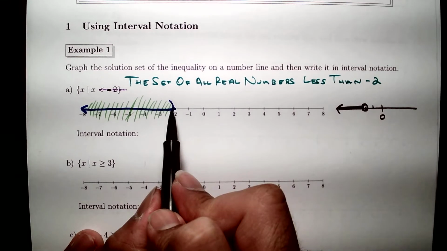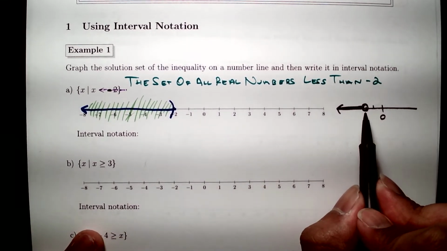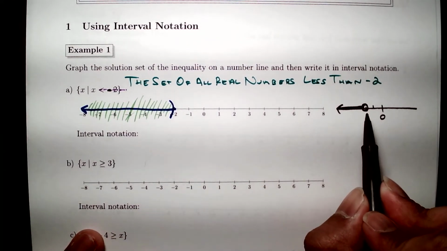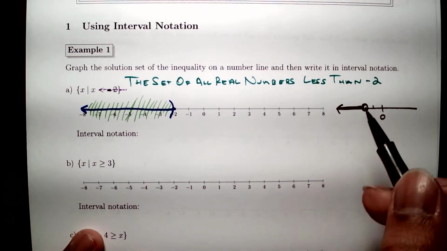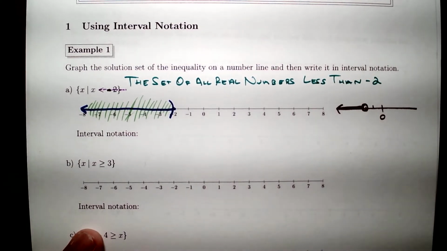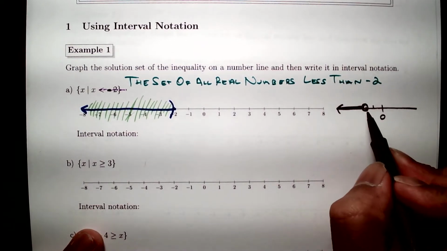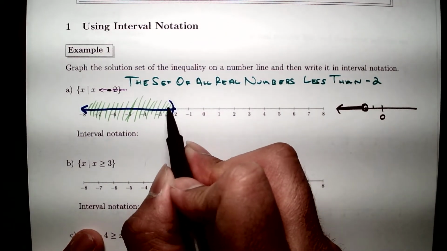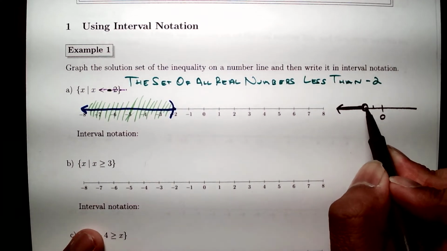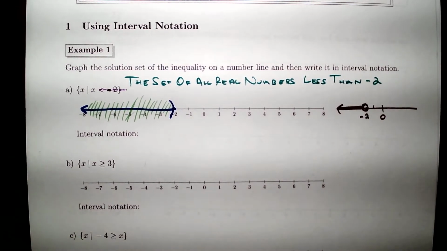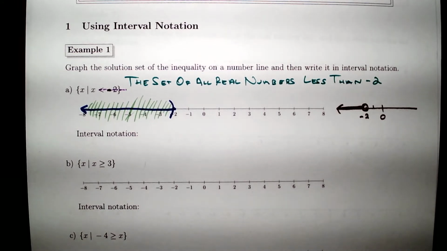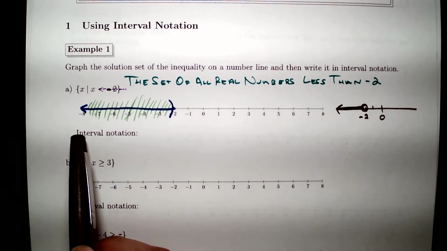So either the parentheses or the open bubble, any of those work. Depending on the textbook that you read, or MyMathLab on the homework, you will see the parentheses, or you may see the open bubble at -2, of course.